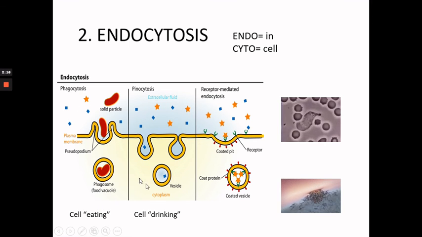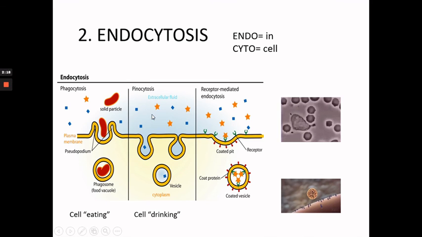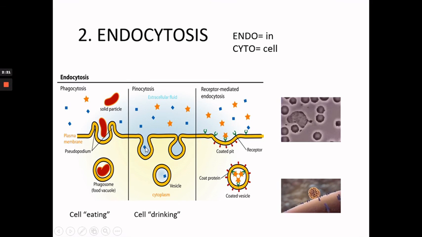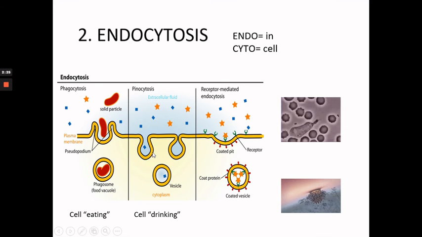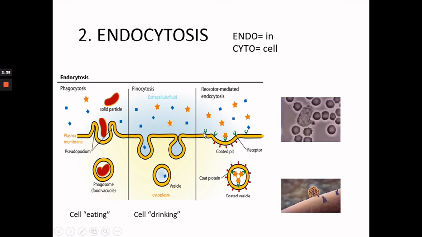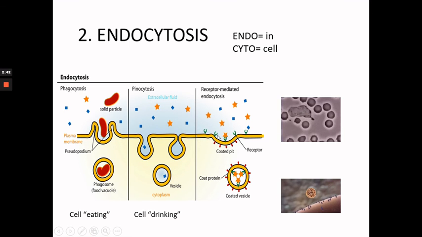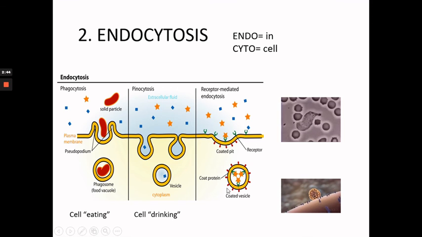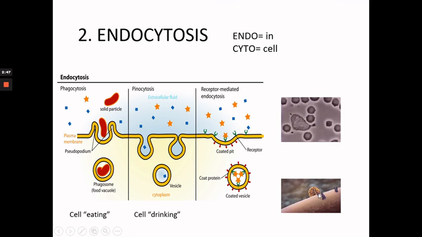A second type of endocytosis is when we try to transport liquid materials inside the cell, which is termed cell drinking or pinocytosis. And finally, we have receptor-mediated endocytosis, where the materials move with the help of receptors outside the cell membrane. This is how viruses enter our cells.